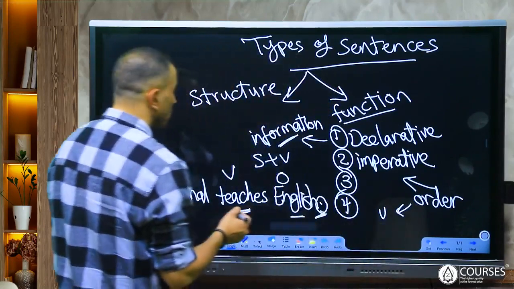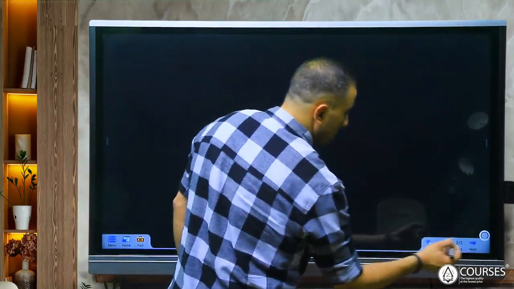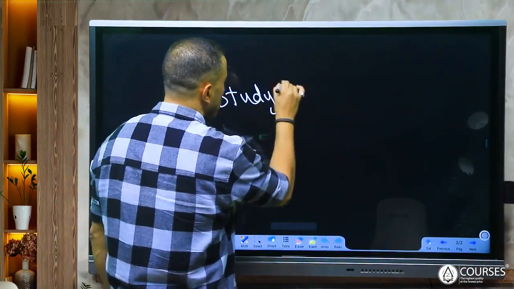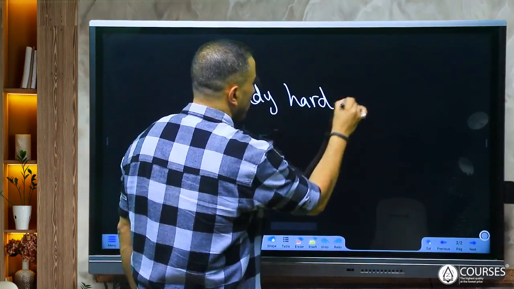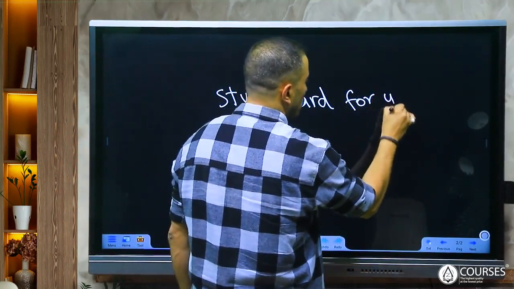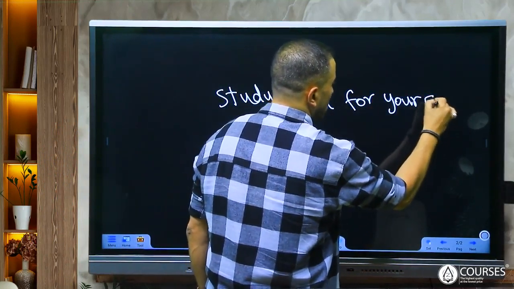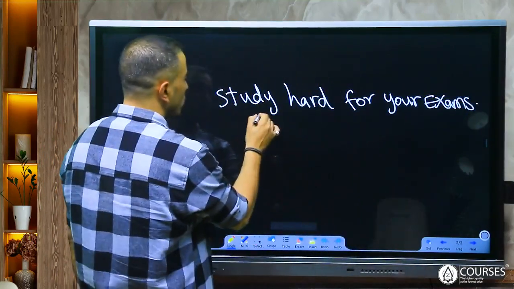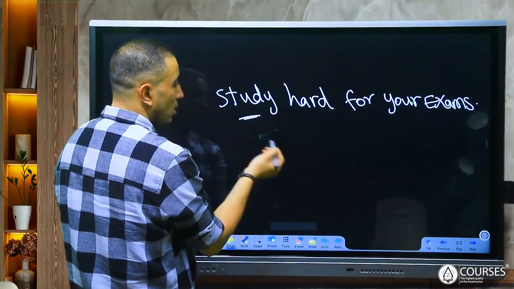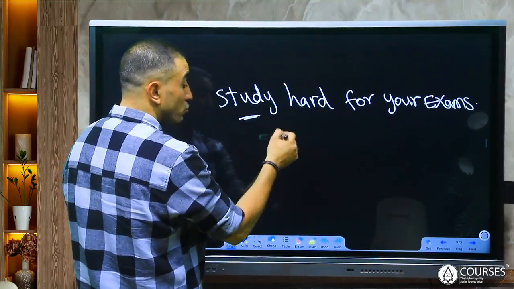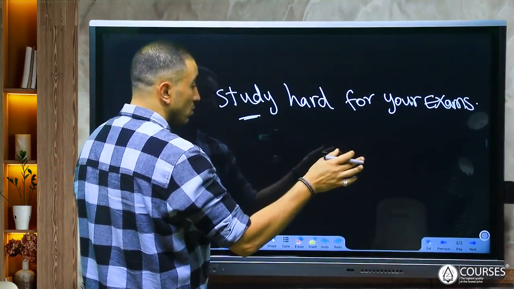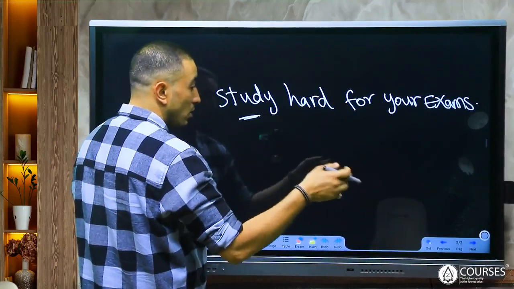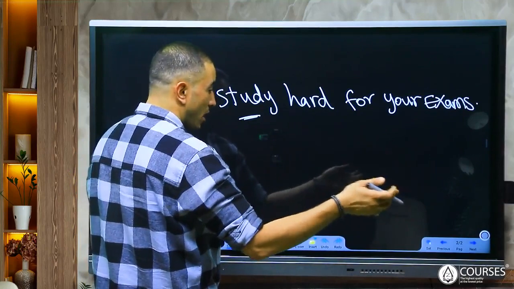For example, study hard for your exams. Here, we started with the verb study. Here, the subject is always you, because I'm giving you an order. I'm telling you, study hard for your exams.